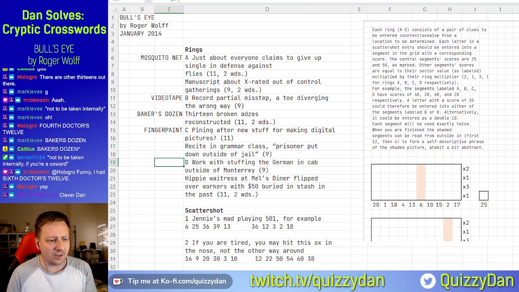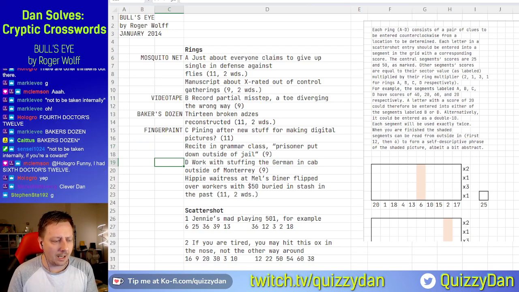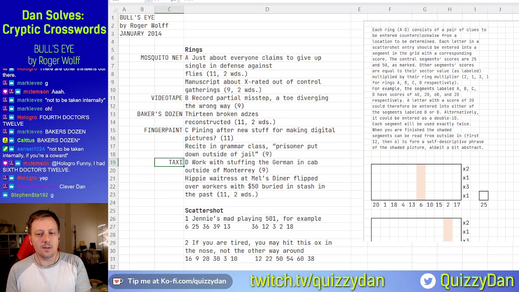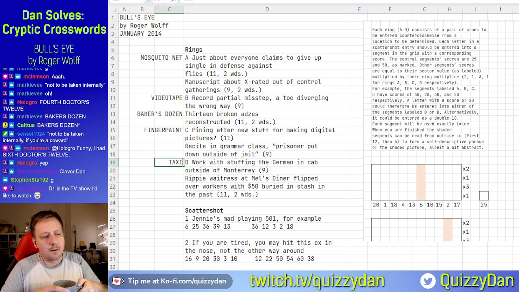Work with stuffing. The German in cab outside of Monterey. The outside of Monterey is MY. So, and a cab is a taxi. Okay. Give it a few seconds because I think that will help. The fact that cab is taxi and you're going to work with stuffing.